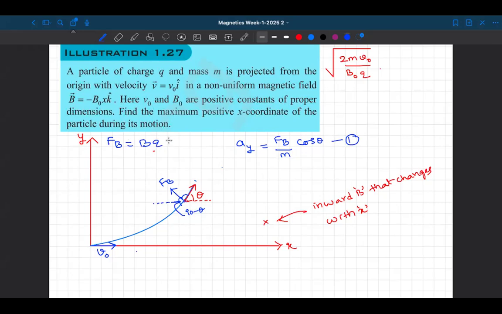V is fixed, so it is minus Bx Q V naught. This is equation 1.